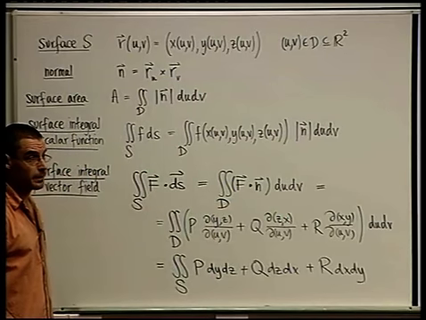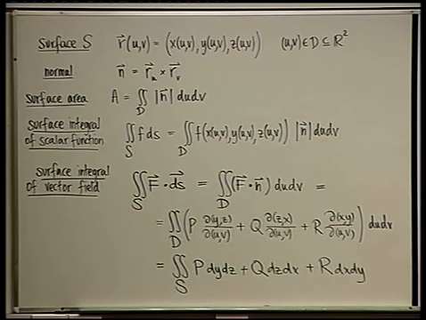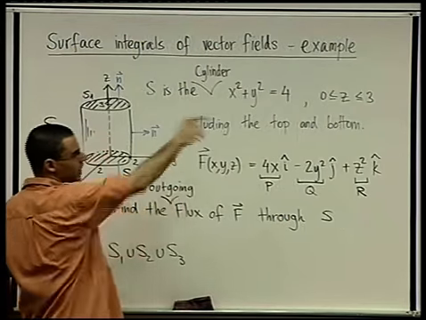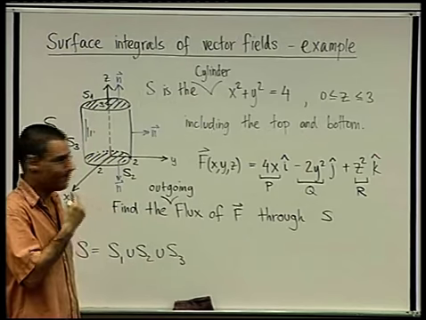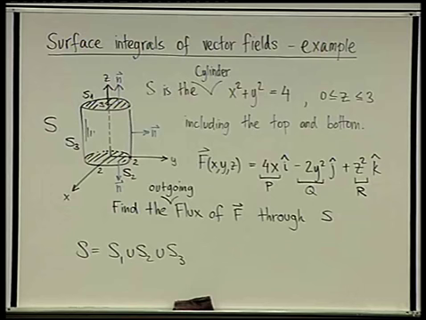This is the surface integral of a vector field. Do you agree? Good? So what's the field? The field is P, Q, R: 4x, minus 2y squared, z squared. The normal we'll calculate in a minute. We have to dot them and then calculate everything on that parameterization, which is a very easy parameterization to work with. Okay? So what is the normal?